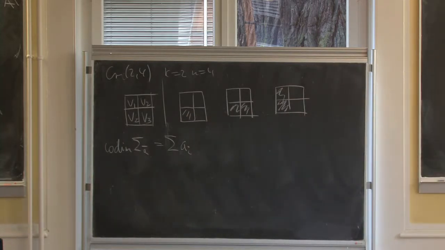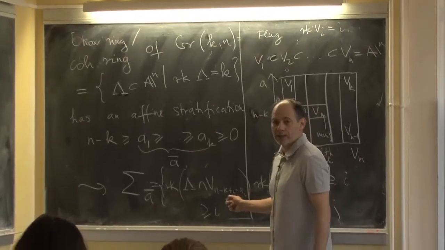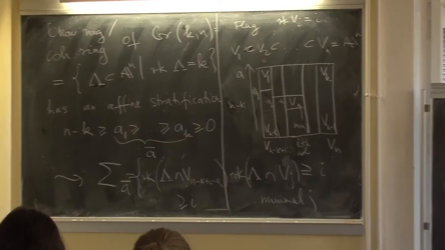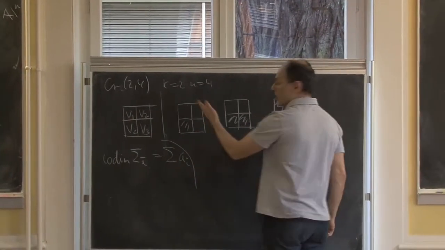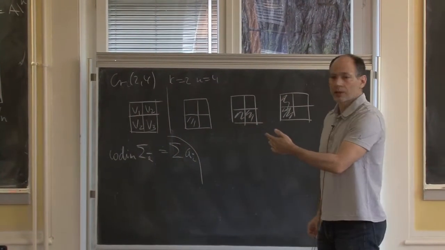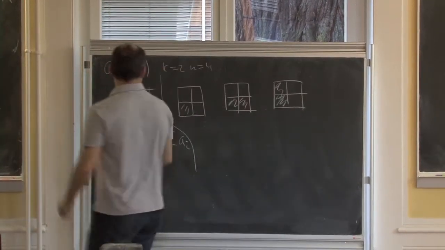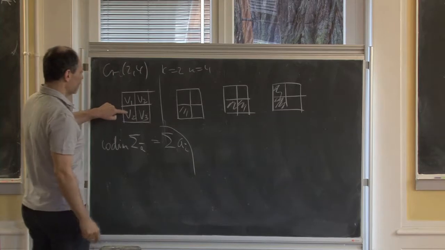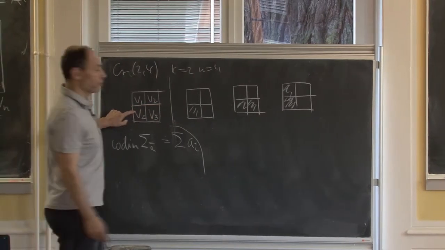There's one little remark. It looks like you have a condition for every i somehow, but it's a little simpler than that. The point is that when you have 0, that actually is no condition. It's easy to check. So actually the only condition here is that V2 intersects lambda in a non-trivial way in this 4-dimensional case.